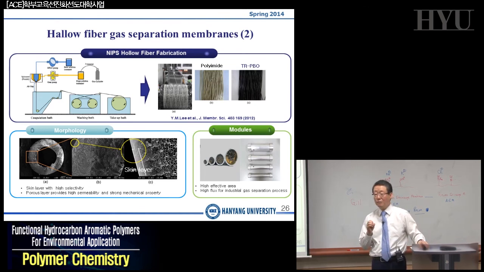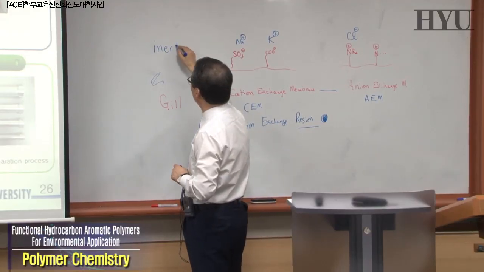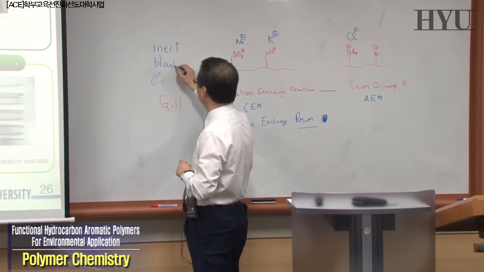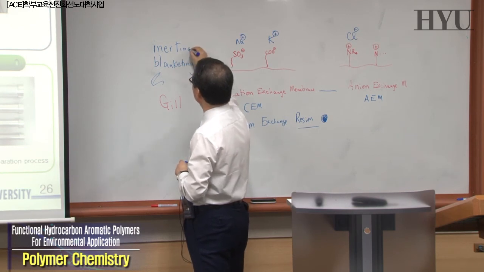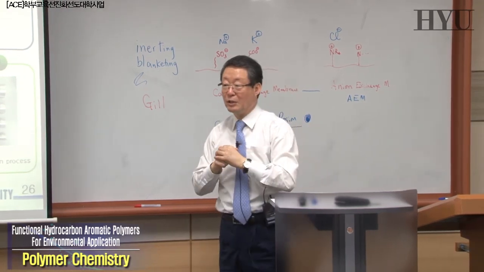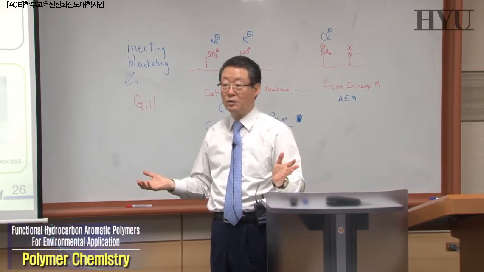And if you supply the nitrogen gas to the fuel tank, you can inert. You can do inerting, or what we call blanketing. If you supply the nitrogen gas into the fuel tank, you can blanket the fuel tank so that there is no explosion.